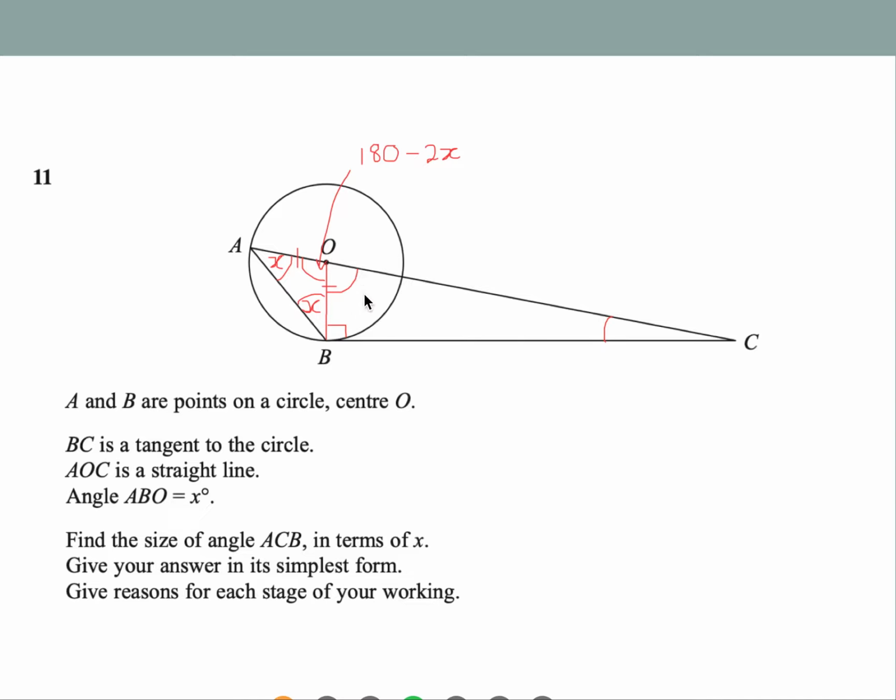This angle here, well, these two need to add to make 180. This one here is 180 minus 2x, so this one's got to be 2x, because then they'll both add to make 180. The 2x's will just cancel out. Well, we've got 90 degrees at the moment down here.